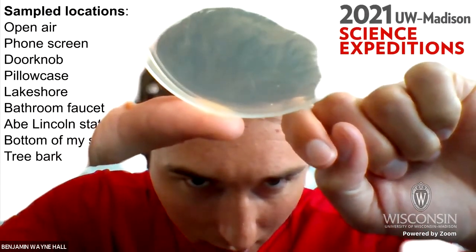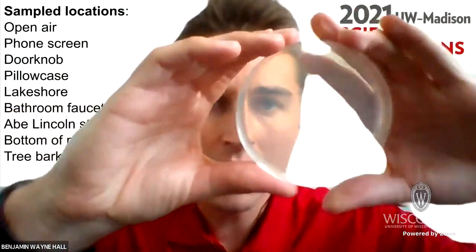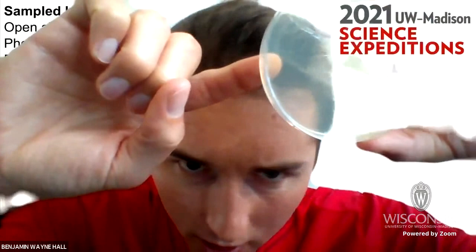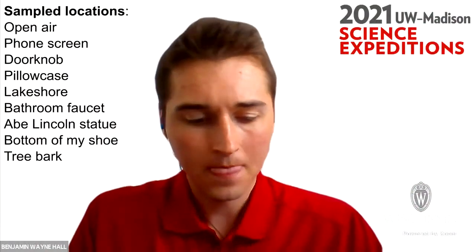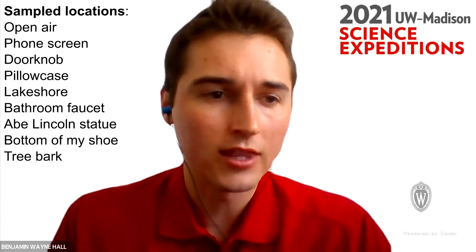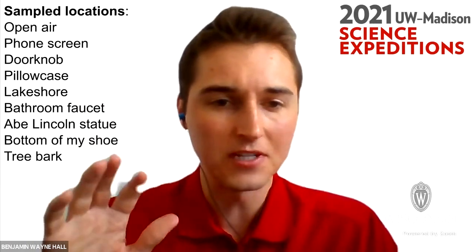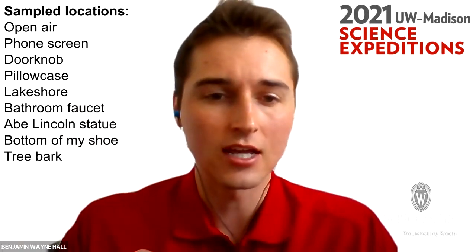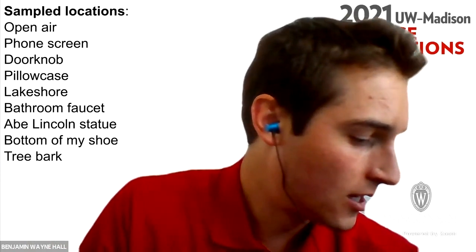Hard to see on the camera, but maybe a couple more really small ones. Oh yeah, you can't see this one on the camera. So bathroom faucet was another one that might be expected to have many bacteria because it's a high touch surface. People are touching this every time when they wash their hands after using the restroom.